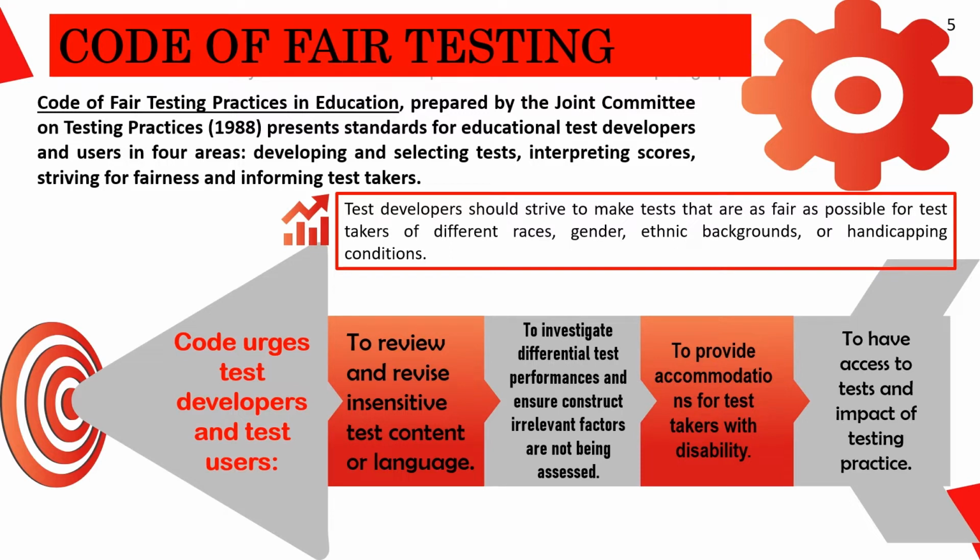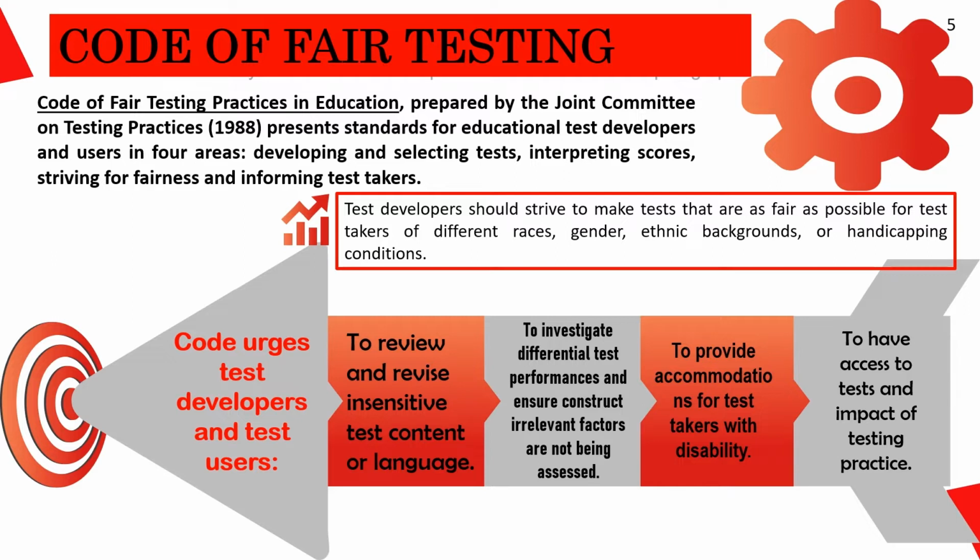The Code of Fair Testing Practices in Education, prepared by the Joint Committee on Testing Practices in 1988, presents guidance for educational test developers and users in four areas: developing and selecting tests, interpreting scores, striving for fairness, and informing test takers. Test developers should strive to make tests that are as fair as possible for test takers of different races, gender, ethnic backgrounds, or handicapping conditions.